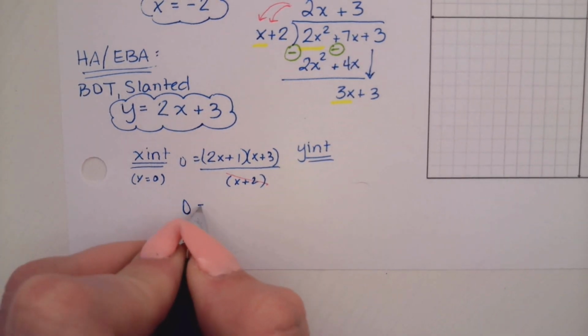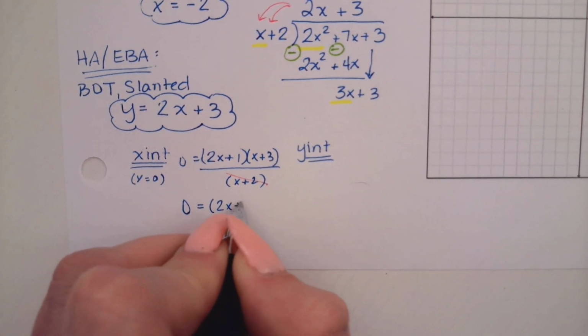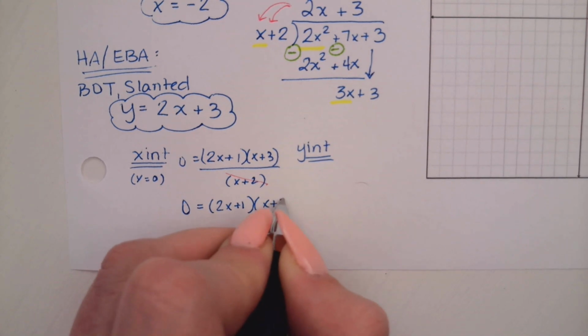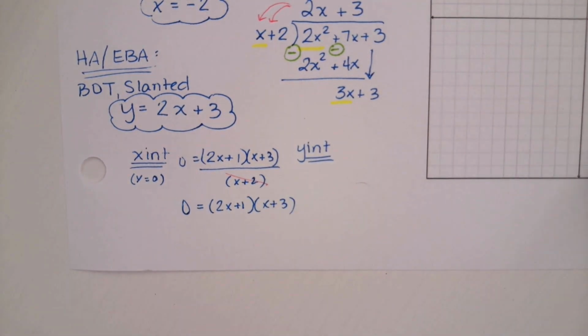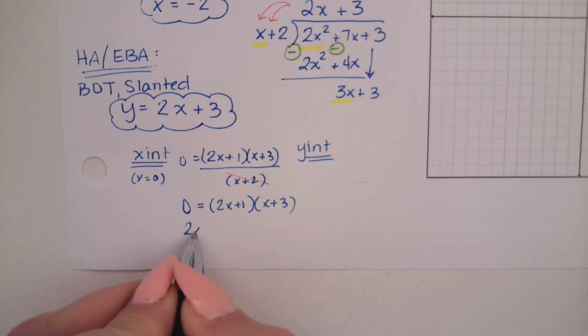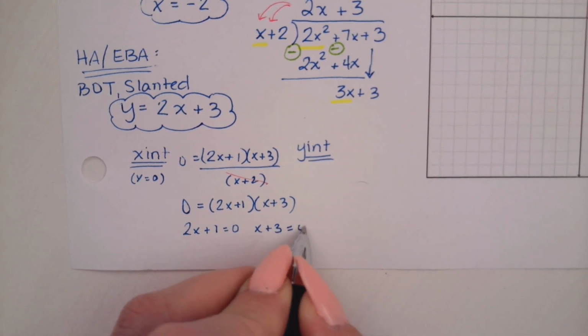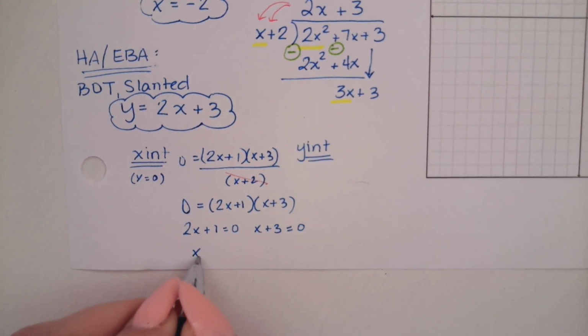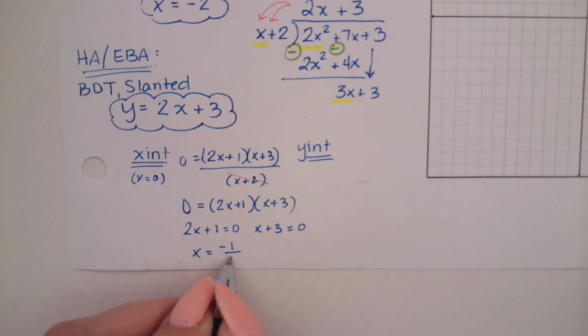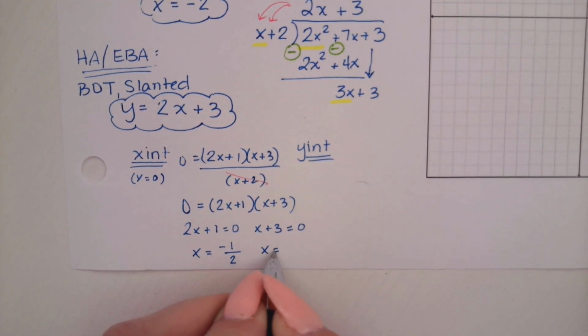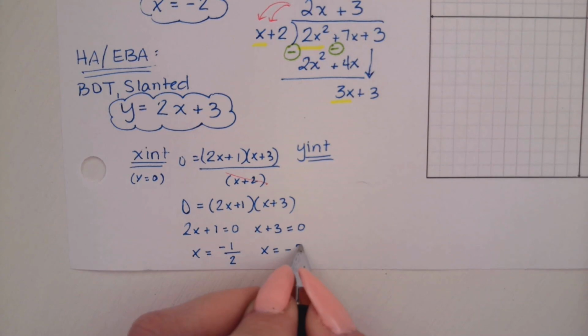And I'll say 0 equals, and I have 2 factors. So how many x-intercepts am I going to have? 2. One when 2x plus 1 equals 0. Another when x plus 3 equals 0. So one of them is at negative 1 over 2. The other is at negative 3.